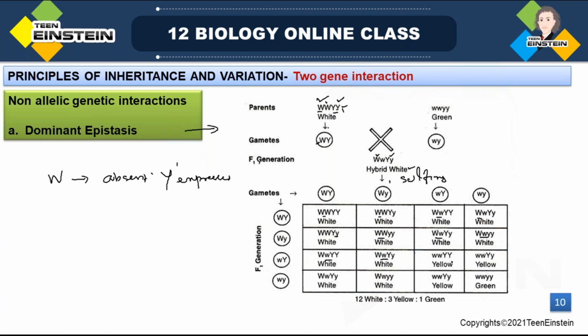But when we come to the next combination, look at this. Here the white color gene, W, is in recessive condition, and the yellow color gene expresses.